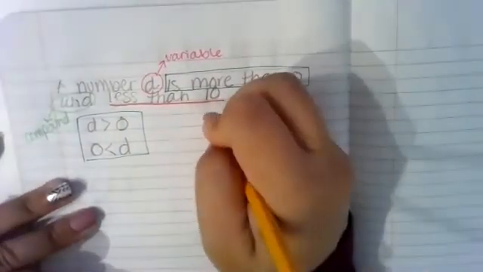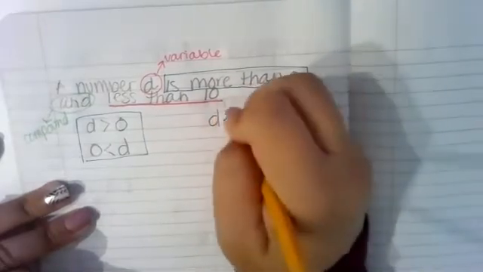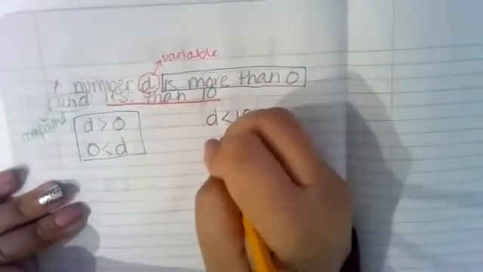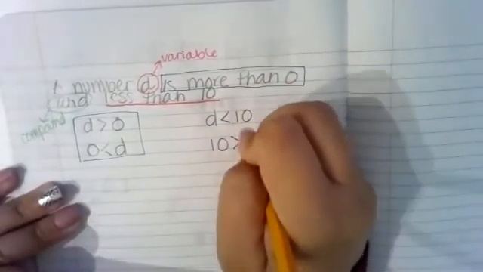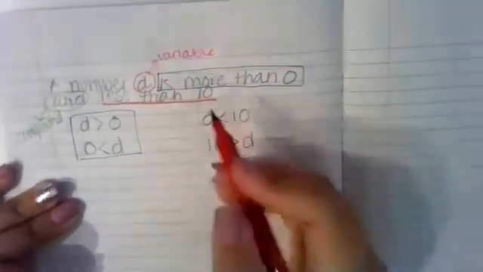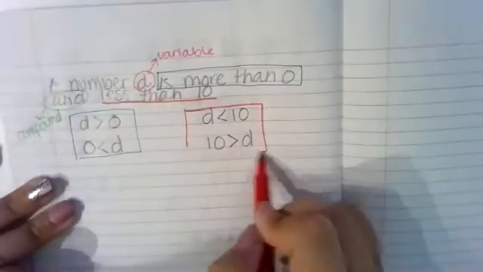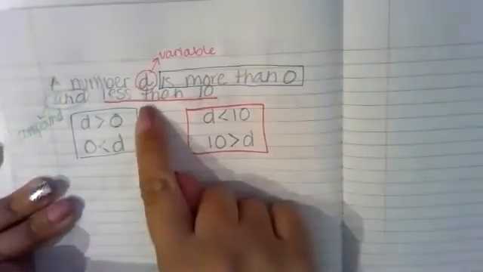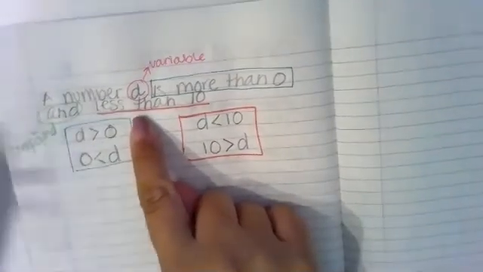So I would need D to be less than 10, or I know 10 is greater than D. These are both ways to identify this portion of the inequality.